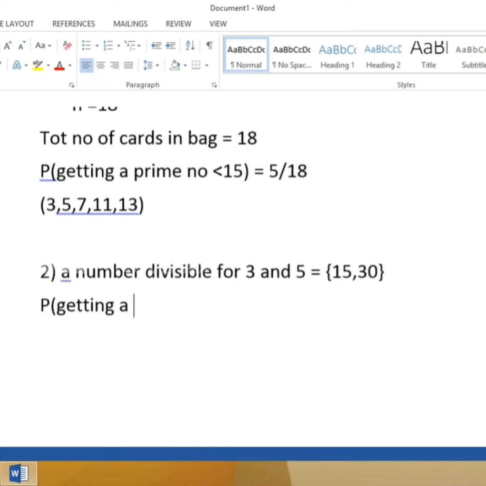So the probability of getting a number divisible by 3 and 5 is equal to 2 by 18. Further simplifying, we get 1 by 9.